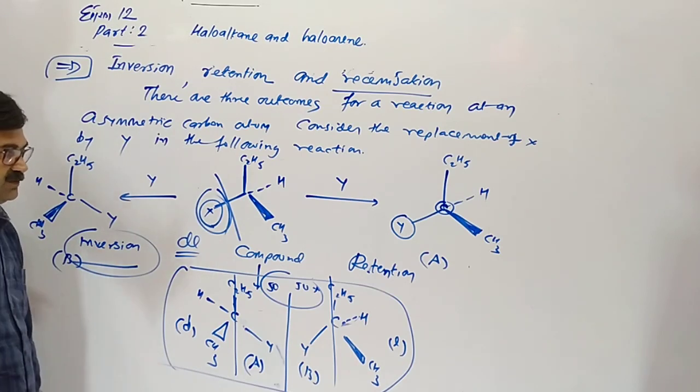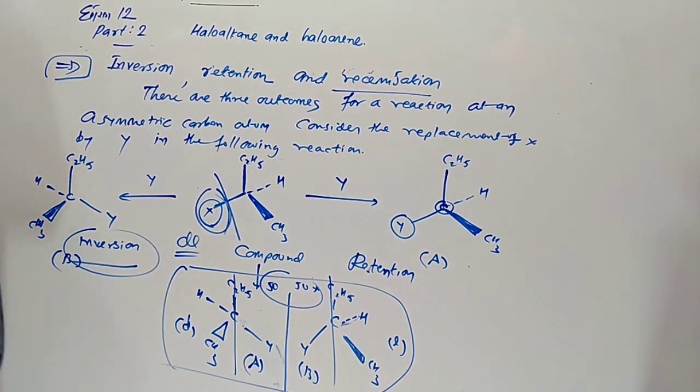So these are enantiomers of each other. So we get three types of products from chiral molecules.